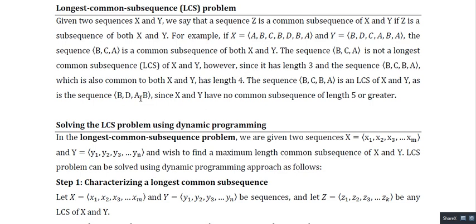Now if we solve this using the traditional method, where x is a sequence having m characters and y is a sequence having n characters, and we apply the brute force method, the number of possible selections from a sequence of n characters will be 2 power n, and each can be mapped against m elements, so it will be m into 2 power n.